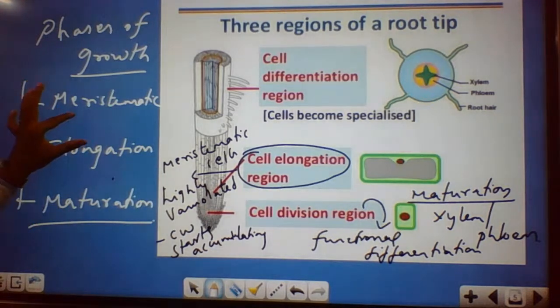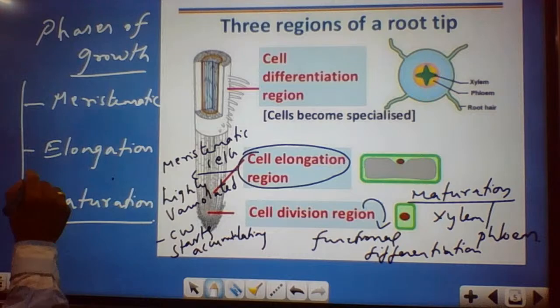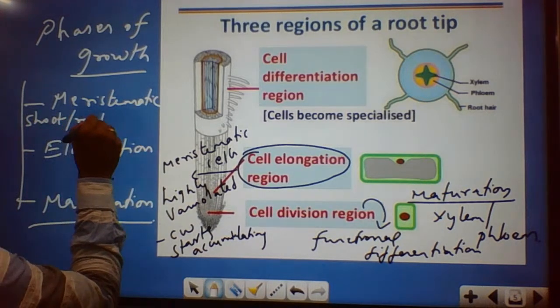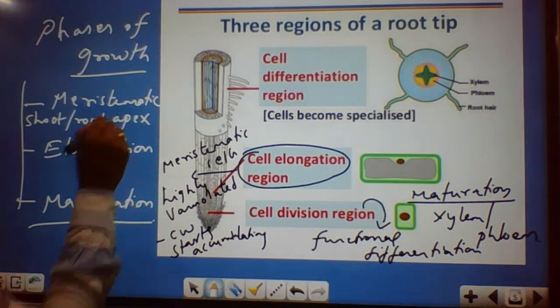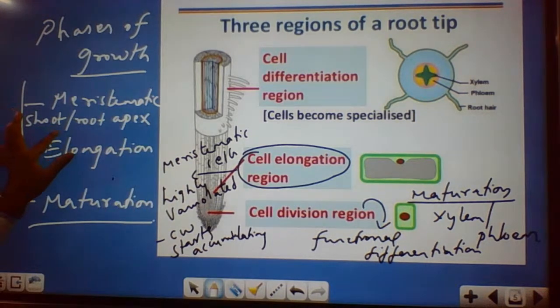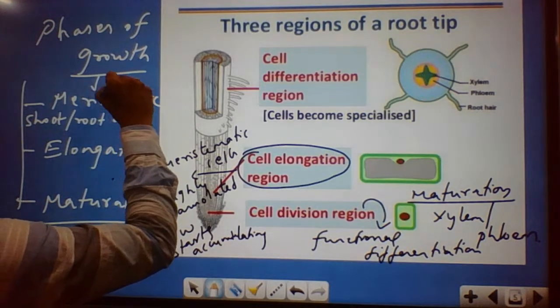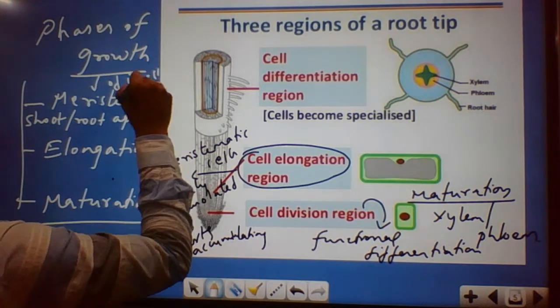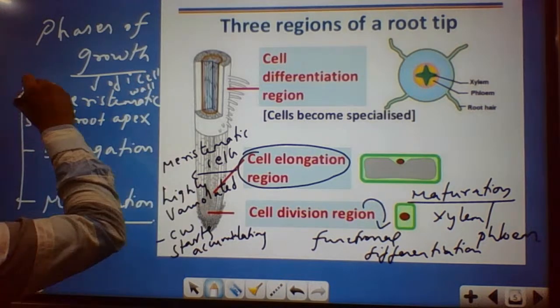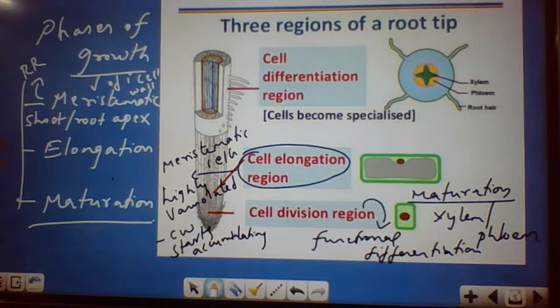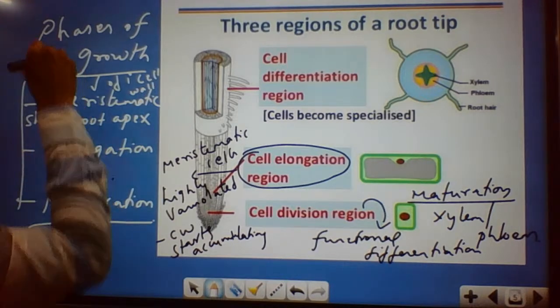Usually the meristematic phase is seen in the shoot apex and the root apex region, where there is the presence of the primary cell wall, and also in the meristematic phase the respiratory rate is more.